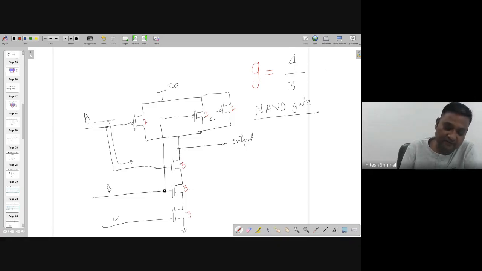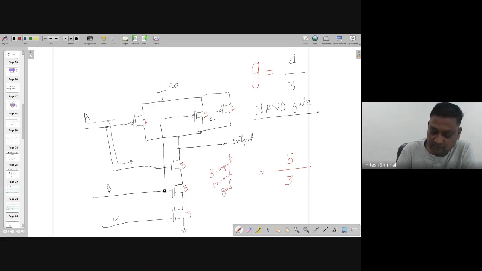So any one of the inputs you can choose. So the input capacitance is equal to 5, which can drive the inverter, which has the input capacitance of 3. So the 3 input NAND gate has 5 by 3.